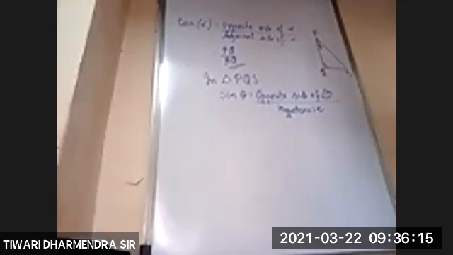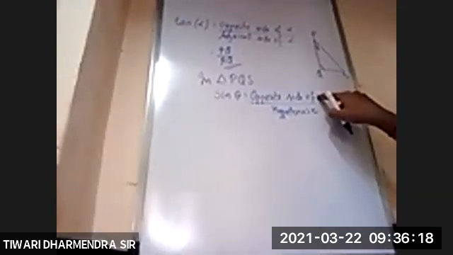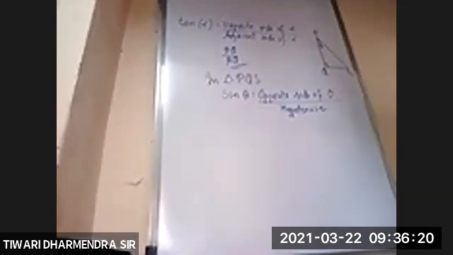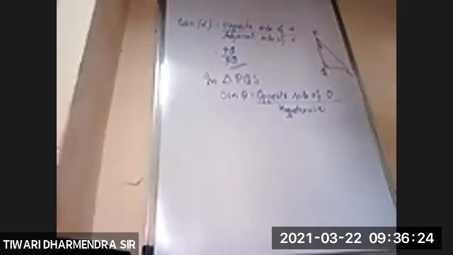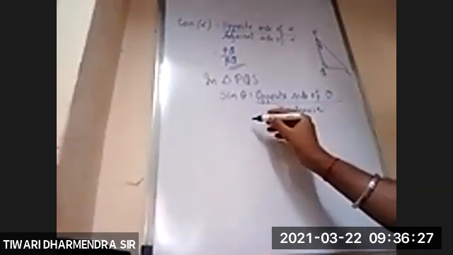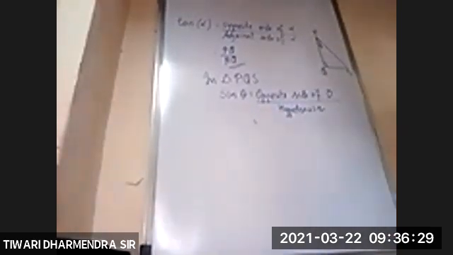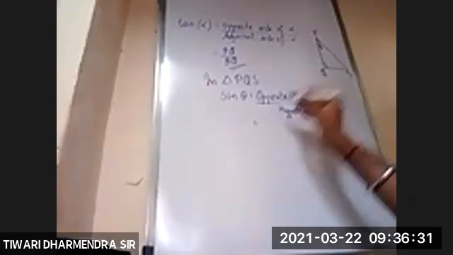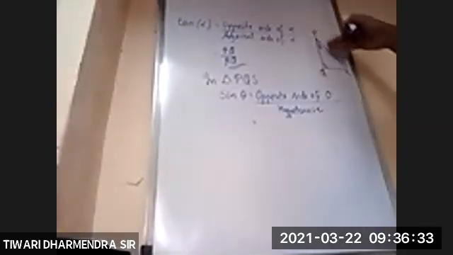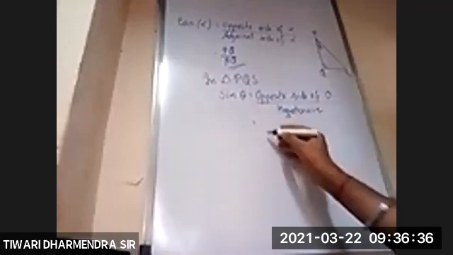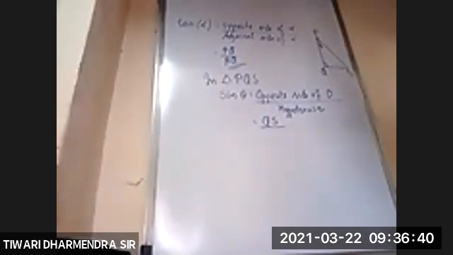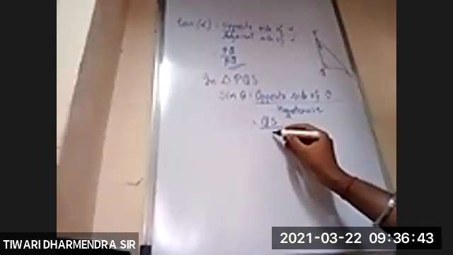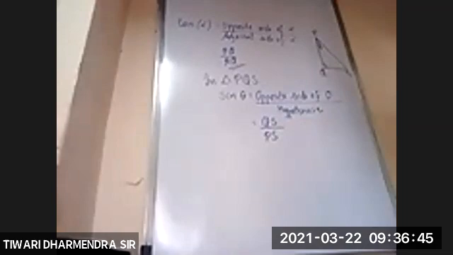As we have written alpha, so here we will write theta, because theta is the value of angle. Angle P is equal to theta. So opposite side of theta is QS, the side in front of theta, QS or SQ will do, divided by hypotenuse. Hypotenuse is fixed, that is PS, opposite to 90 degrees. So this is sine theta.